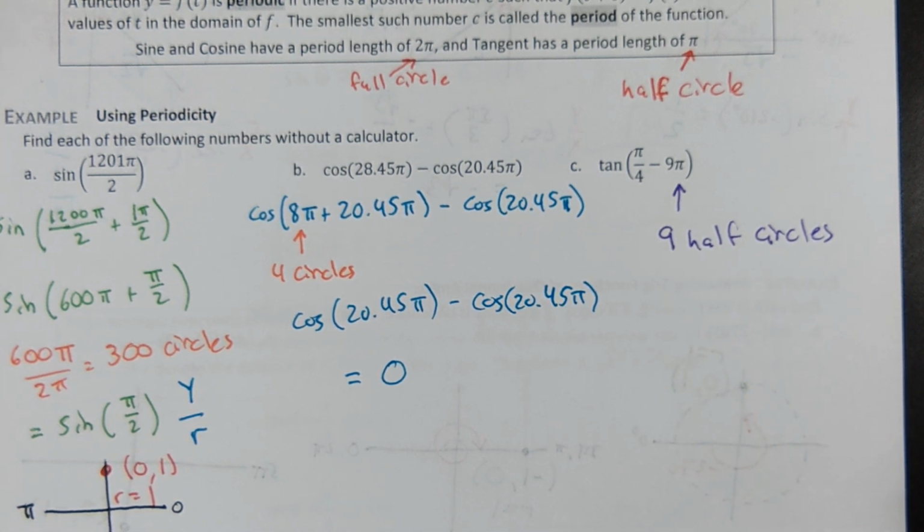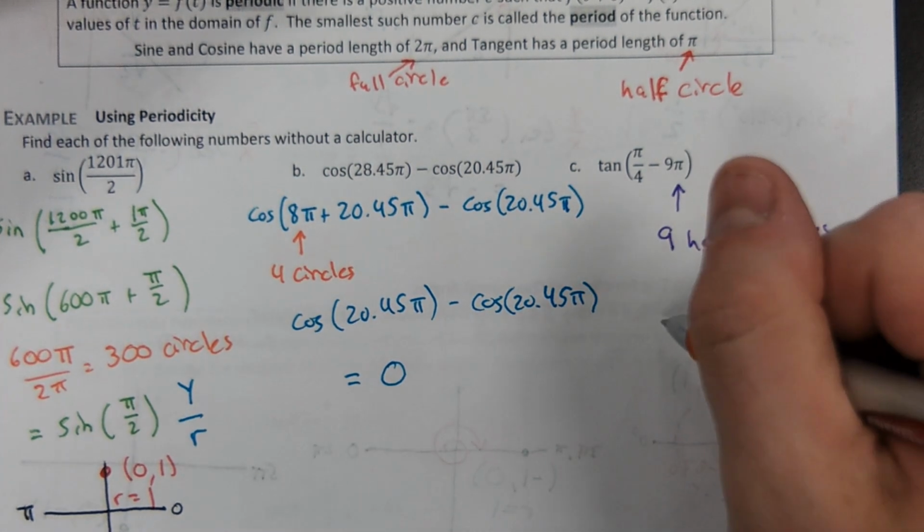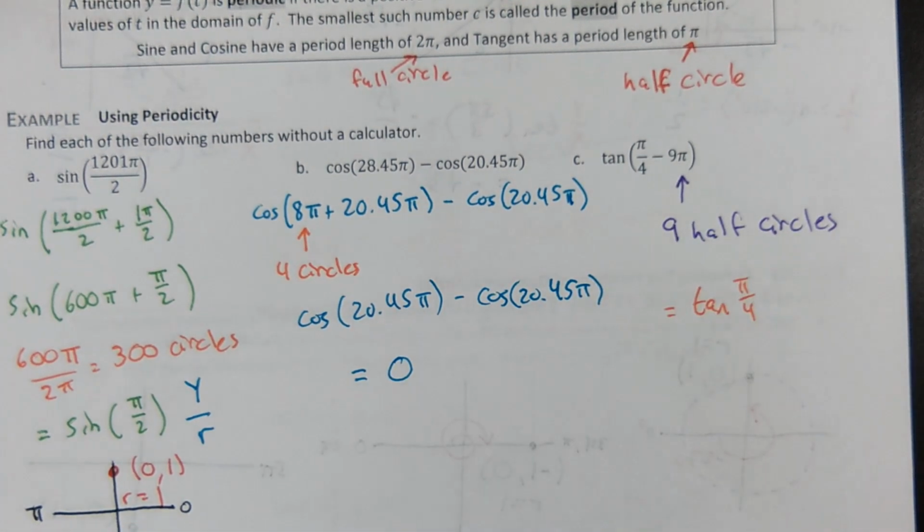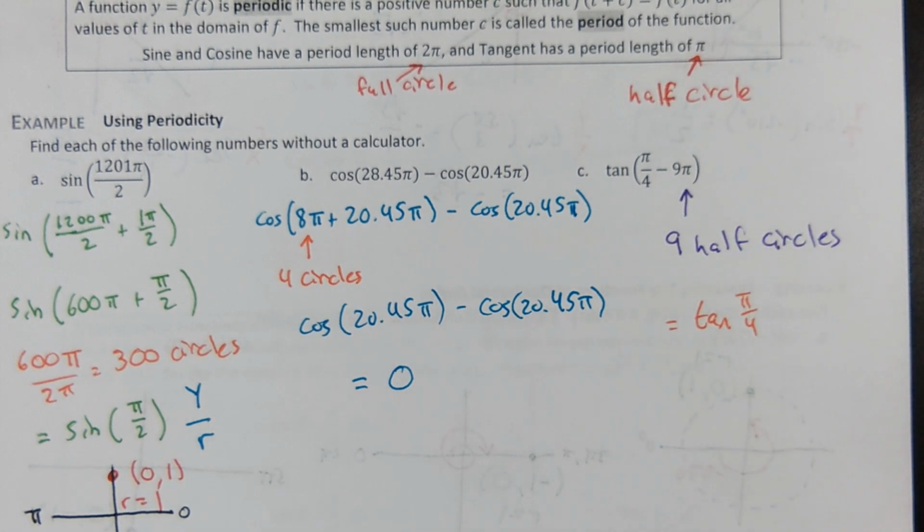They don't do anything to tangent. So this is the same as saying tangent of pi over 4. And ignoring the half circles. They did nothing. Because that's the period length of tangent, pi. Repeats itself every pi.